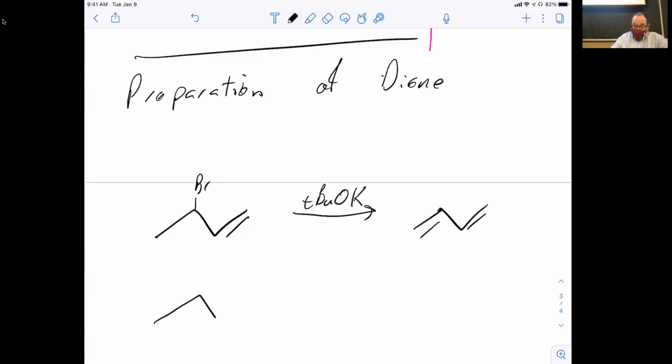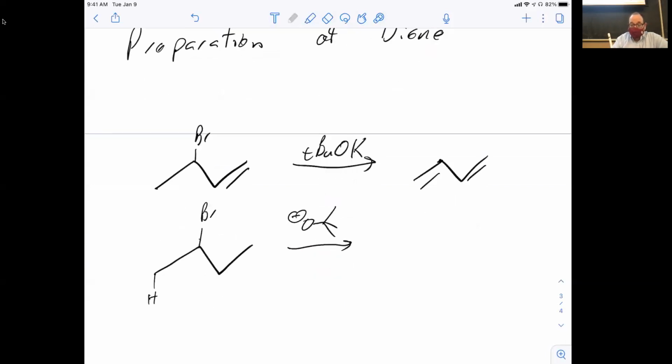So when we look at this one, we look at the mechanism: we've got our hydrogen, we've got the oxygen, and the t-butyl group is just this group. It's a big bulky base, and the big bulky base is going to extract a proton.